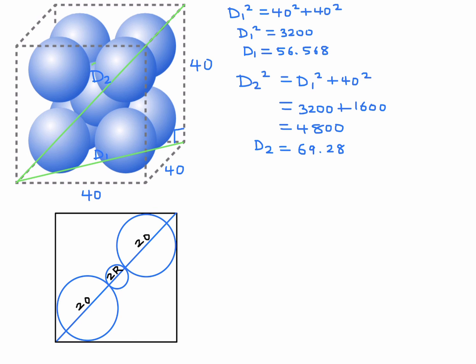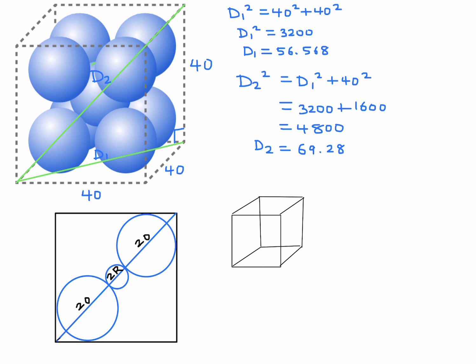Now, the tricky part is, what about this distance right here and that distance? How do we figure that out? Well, the good news is that how you figure out that distance is the exact same concept as how you figured out d2. So I'll draw that again as follows.